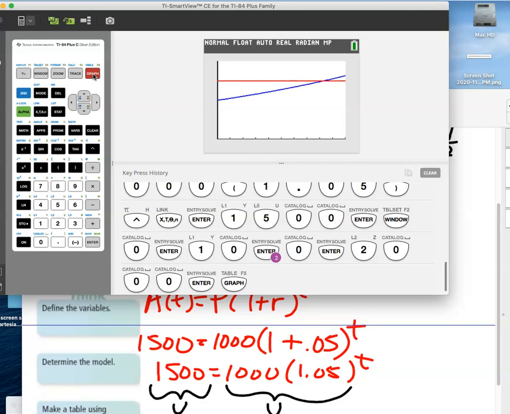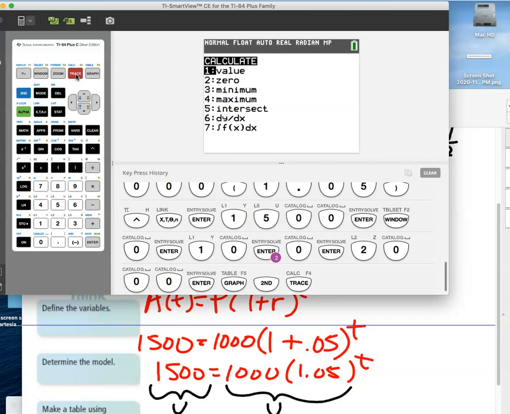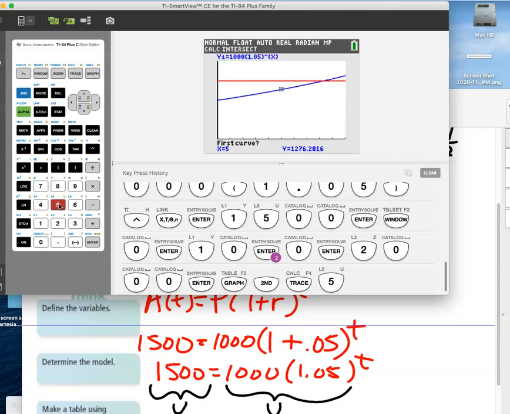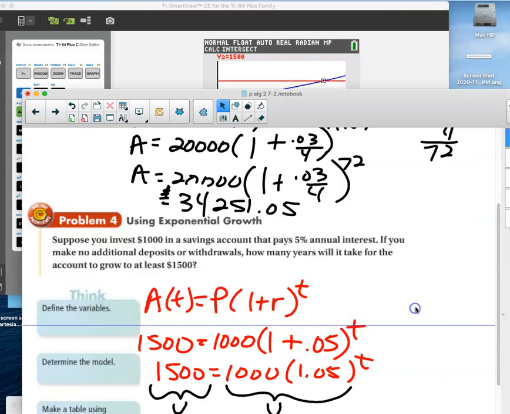Now, how do we call it, Blinky, again? Second trace. We're doing number 5. And since those are the only graphs I have in there, I can hit enter 3 times. And Blinky says it's going to be about 8.3 years for that money to be $1,500.